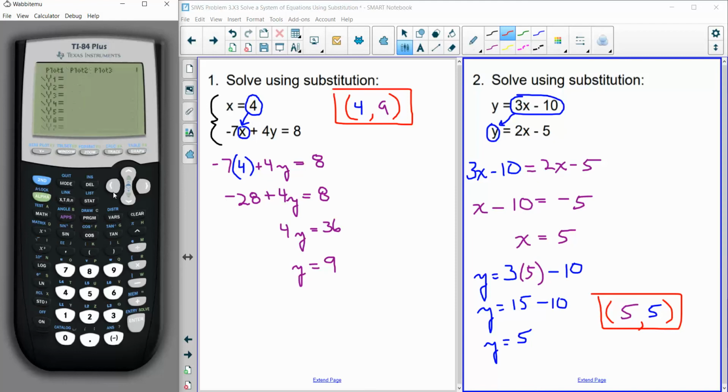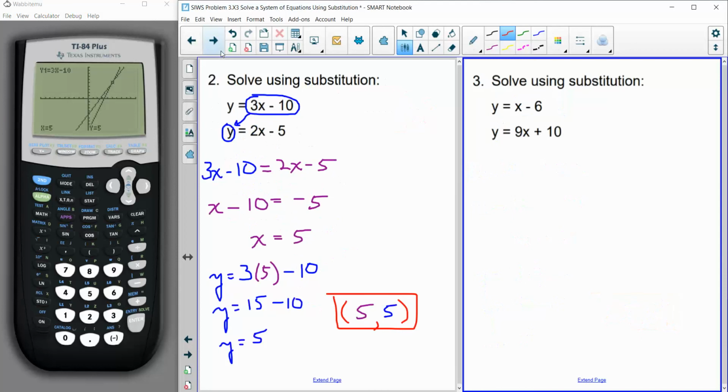Also, if I go to the y equals function on my calculator, I could put 3x minus 10 in. And I could put 2x minus 5 in. Go to the table, go to 5, and that is where the outputs are the same. I could also go to the graph. And I could go to the trace function. 5, enter, and that's where they're the same. That's where the two lines intersect.